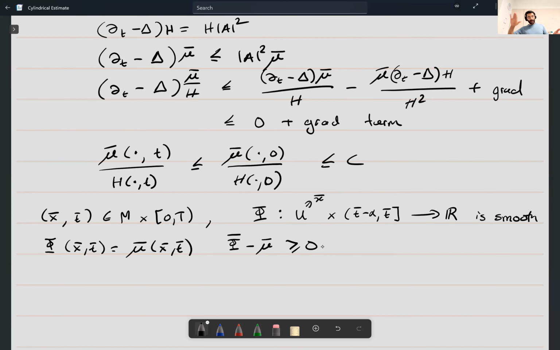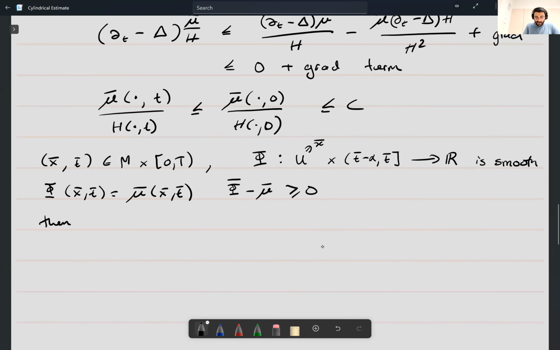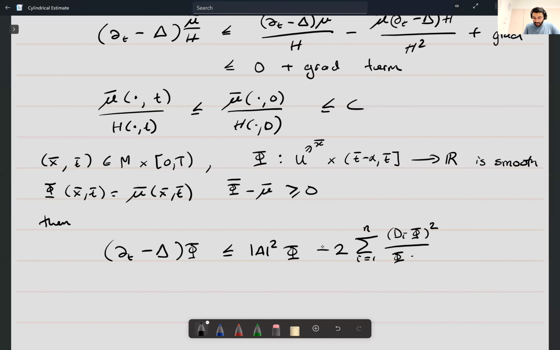So phi and mu bar touch at the point x bar, t bar, and in this neighborhood and this backwards interval of t, phi and mu are on one side of each other. Then this phi has to satisfy this differential inequality: partial t of phi minus Laplacian of phi is less than or equal to |A|^2 phi minus 2 sum over i equals 1 to n of the terms involving phi minus lambda_i.